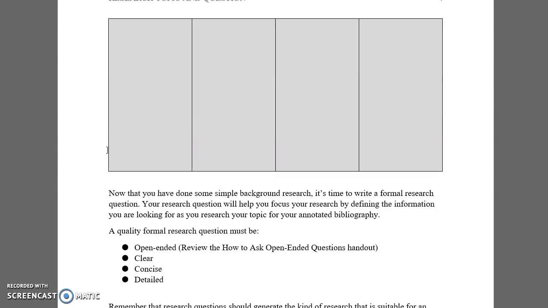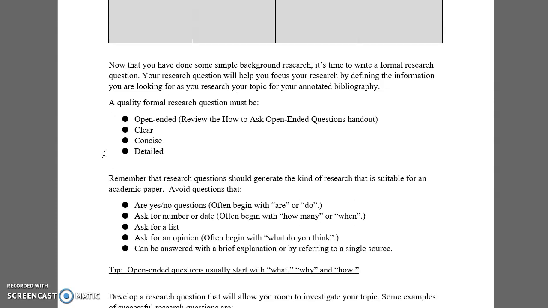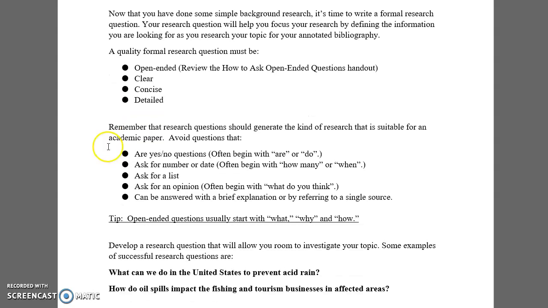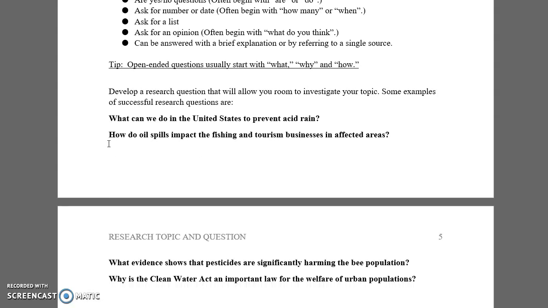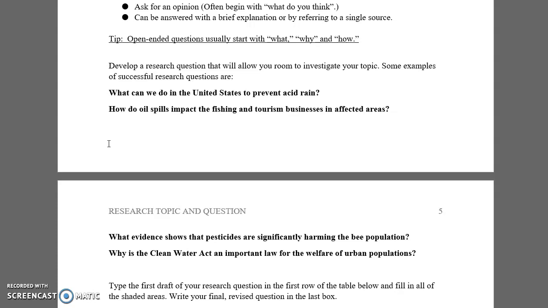Once you finish your chart, you're going to go ahead and look through some of these research question examples and helpful hints. I will tell you that one of the ways we can avoid opinion is by looking at some of these examples they give you. What evidence shows that pesticides are significantly harming the bee population?